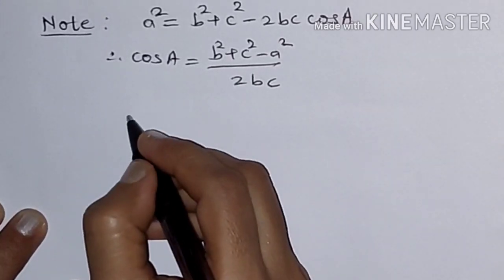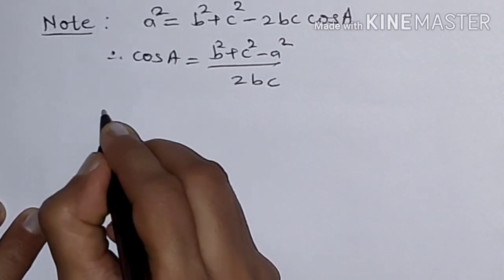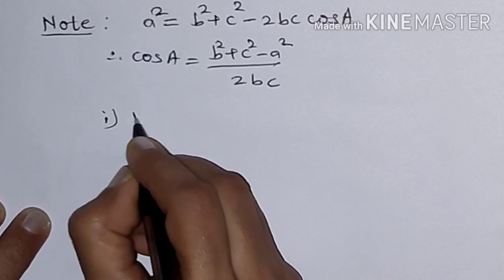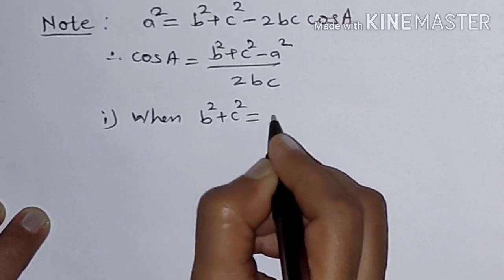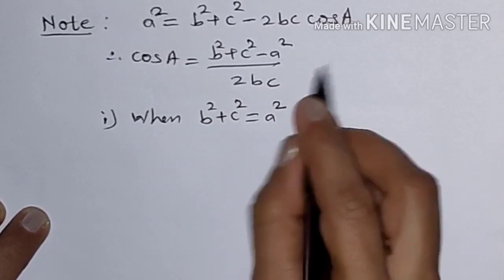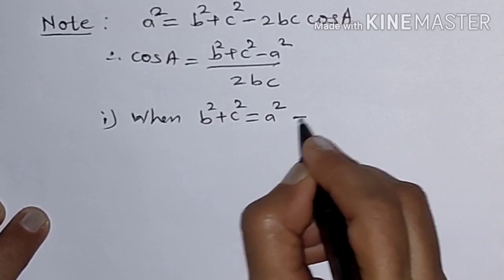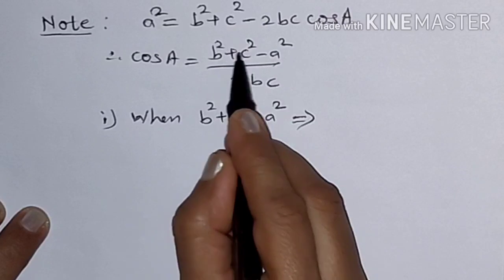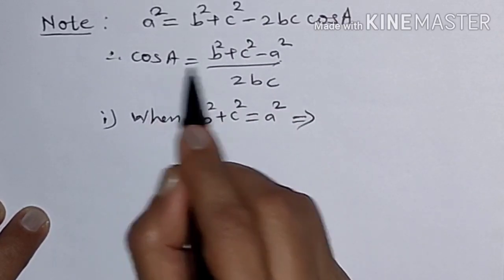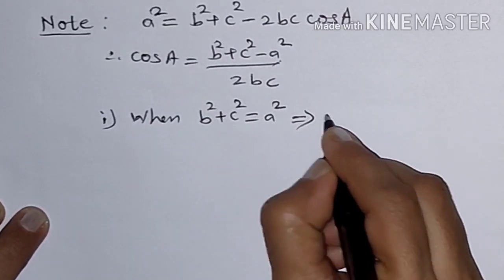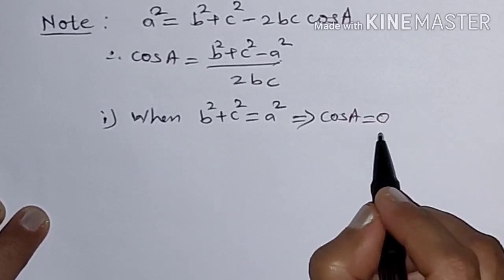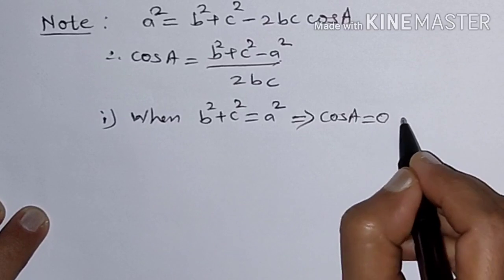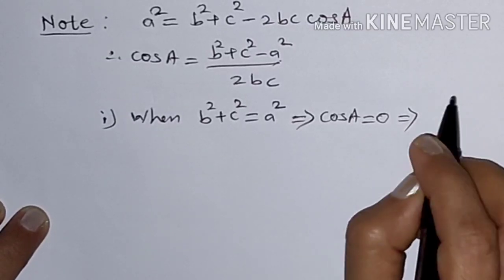So here we can consider case 1, when b square plus c square is equal to a square. This will imply that cos A is equal to 0. Now cos of 90 degrees is 0, so this implies angle A is a right angle.